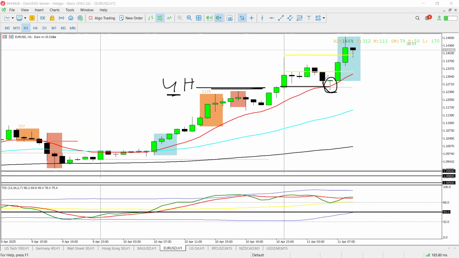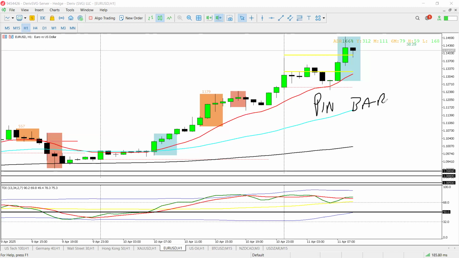We also found support on the 13 EMA with a pin bar, right? So each time you see confluences on your charts and you get a pin bar candlestick, just know that that setup is potentially going to be a high probability trade.